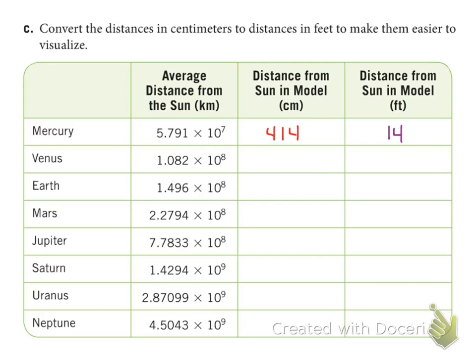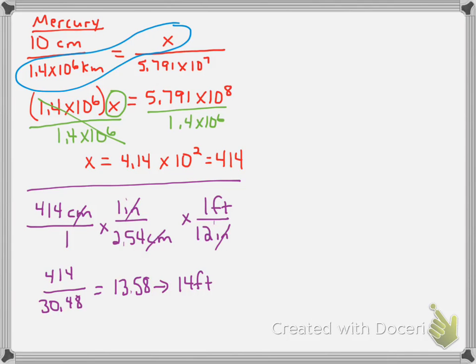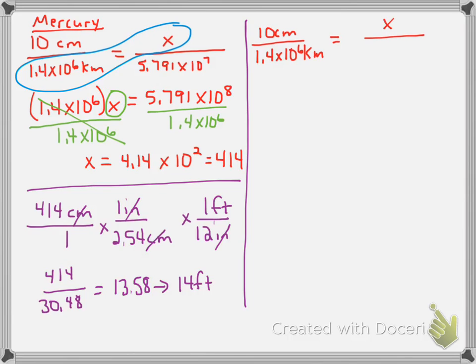Okay. We have 10 minutes before problem of the day, so let's do another one. Let's do Venus. Okay, so we start out with our beginning ratio, 10 centimeters over 1.4 times 10 to the 6th kilometers equals something over, and for Venus we have 1.082 times 10 to the 8th power.